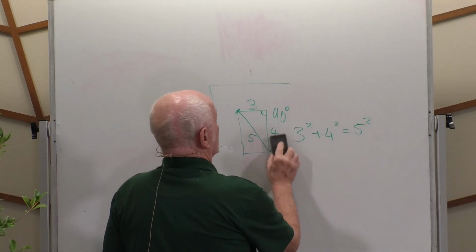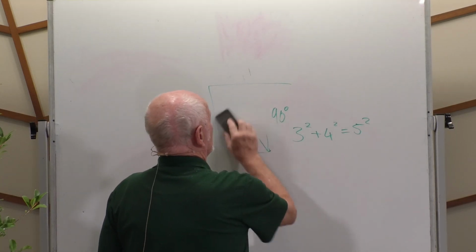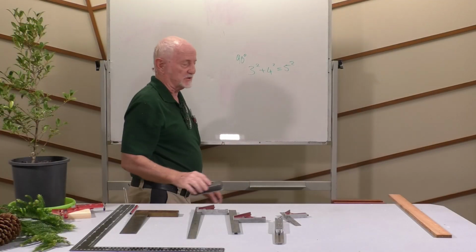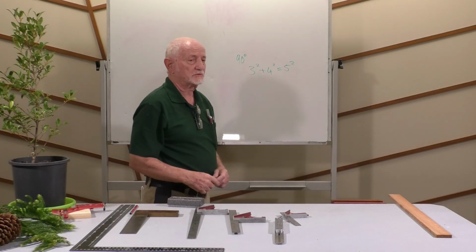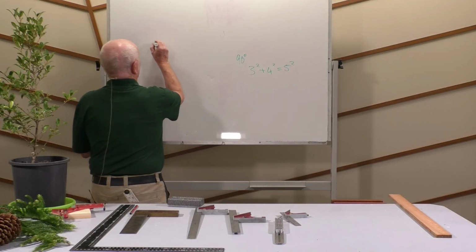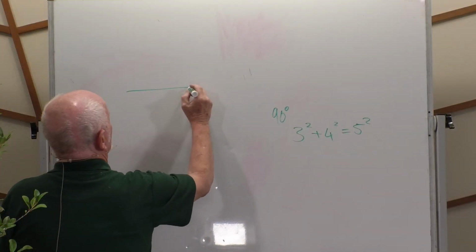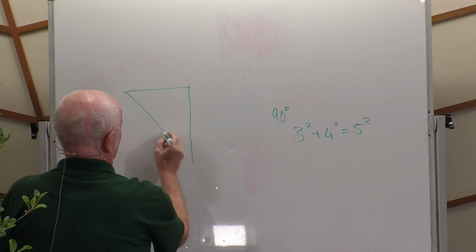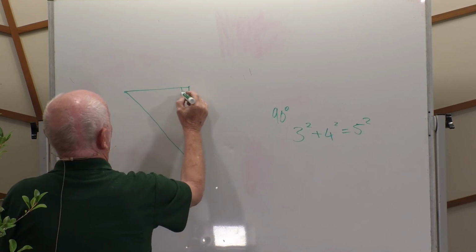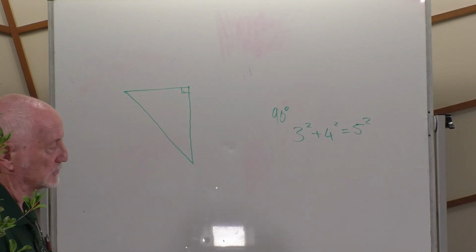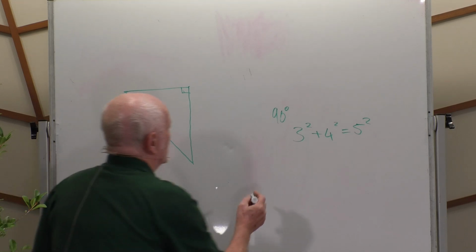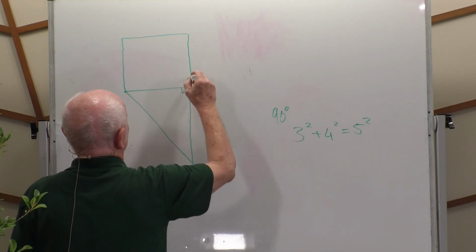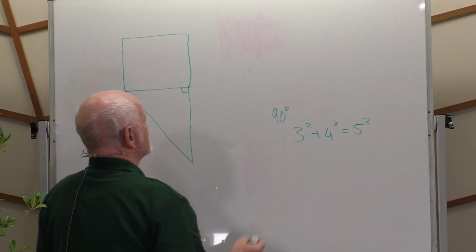Right? It works. So, I'll draw this in more visible, as an explanation. 3 squared plus 4 squared equals 5 squared. So we've got 3, 4 and 5. That's your triangle. Now 3 squared is that. That's 3 times 3.